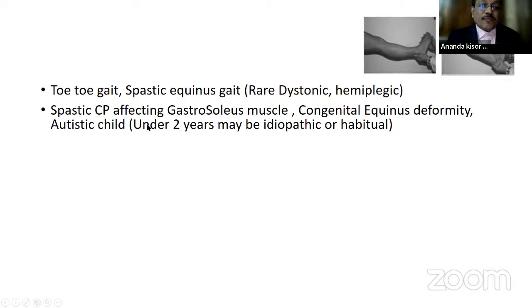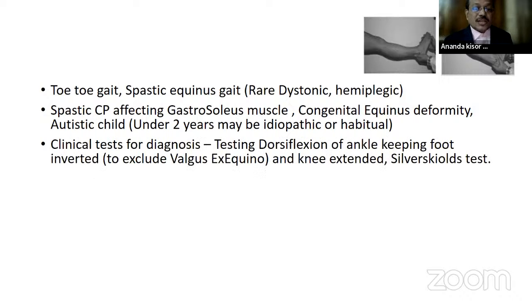So spastic cerebral palsy affecting the gastrosoleus muscle is one of the most important causes. Other causes of toe-toe gait are congenital equinus deformity and the autistic child. And if the child presents under 2 years of age, it may be idiopathic, or sometimes habitual toe walkers. So these are the causes.